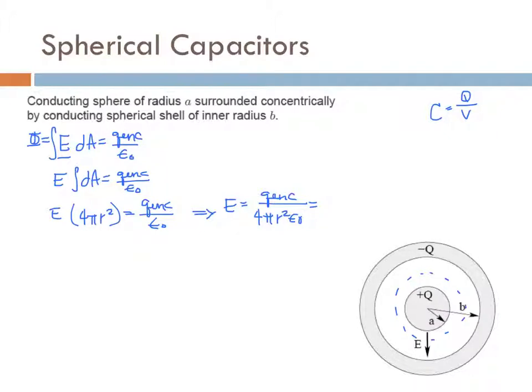Now if this is our electric field, then we can solve for potential by getting the negative integral of my electric field with respect to position.